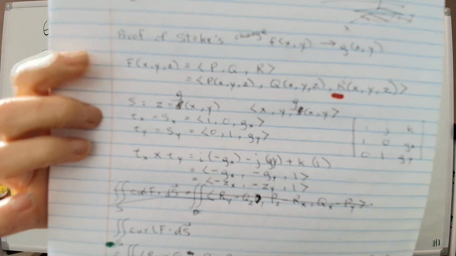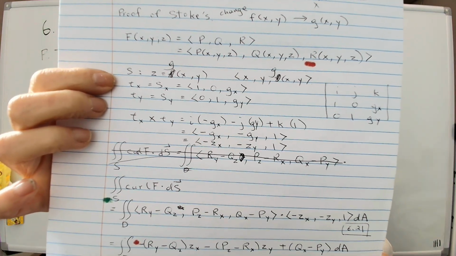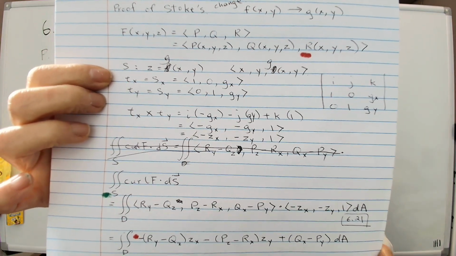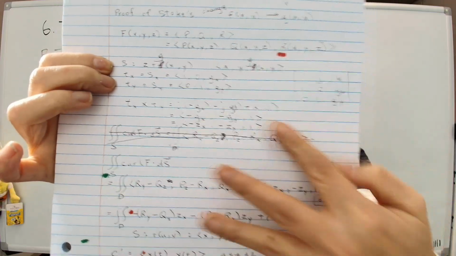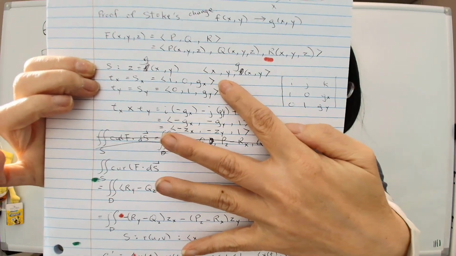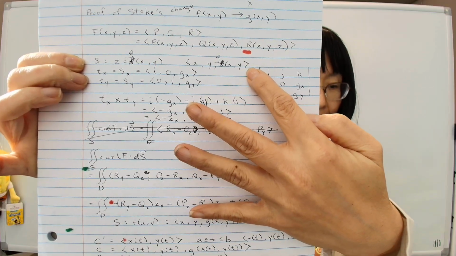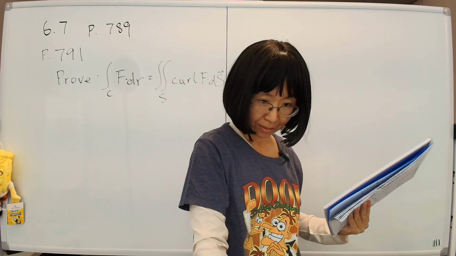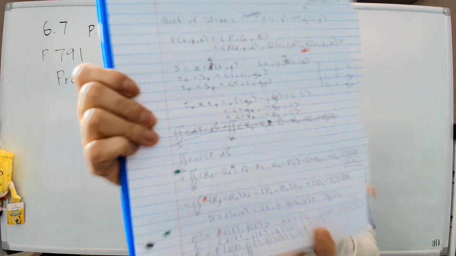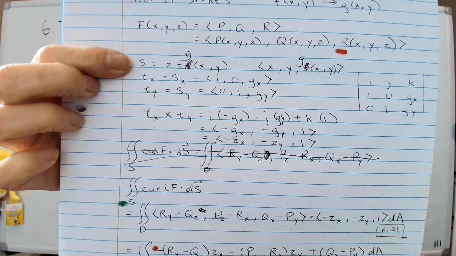So F is represented by x, y, z, and S is given as z equals g(x,y), which means S can be represented in parametric form as (x, y, g(x,y)). I'm missing a parenthesis here, but you get the idea. Let me add the parentheses. So S equals (x, y, g(x,y)).